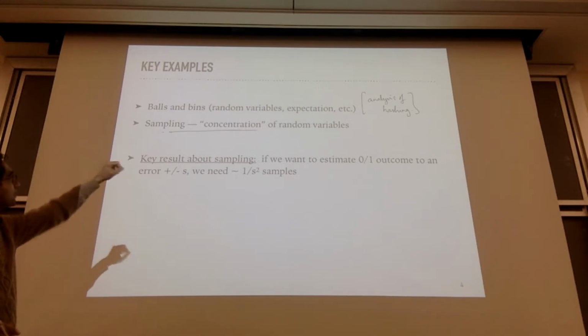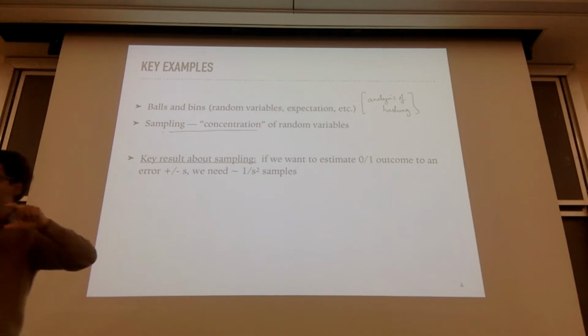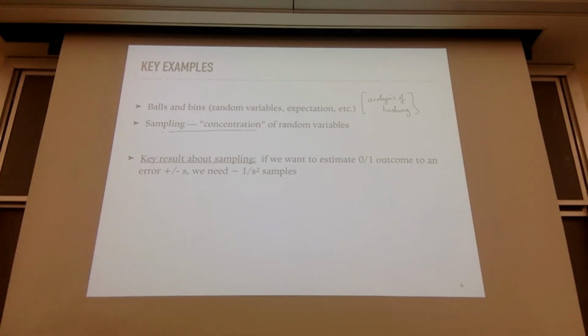And there, defining the random variables and computing the expectation was easy enough. But the key thing was to argue that the estimates that you get are always close to their expectation. And for this we needed this notion of concentration of random variables.